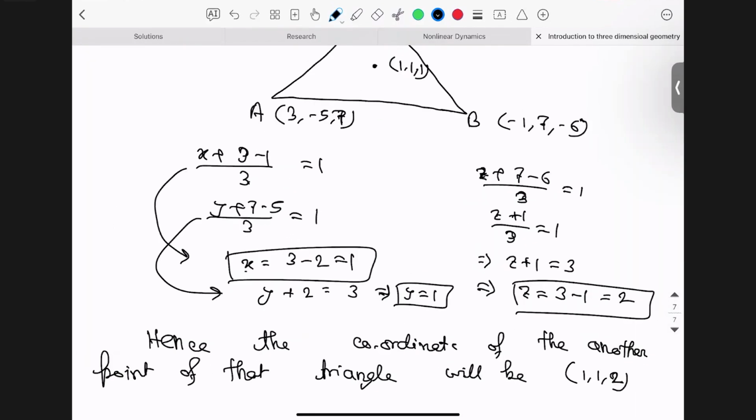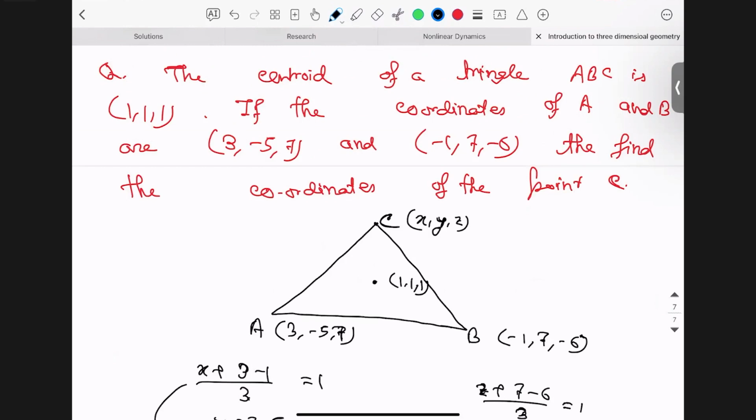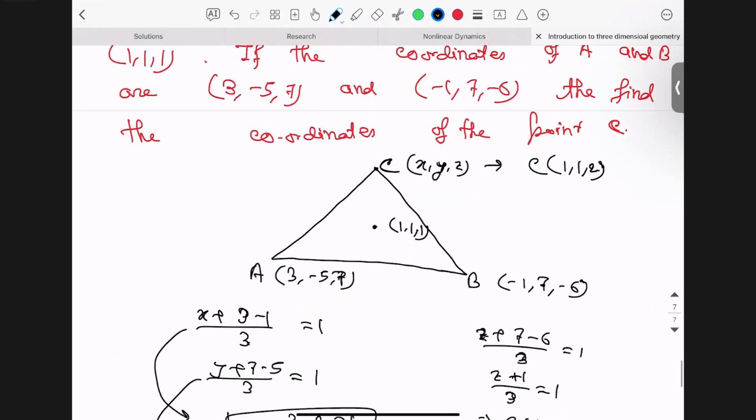Okay. So this is the coordinate of the point C here.